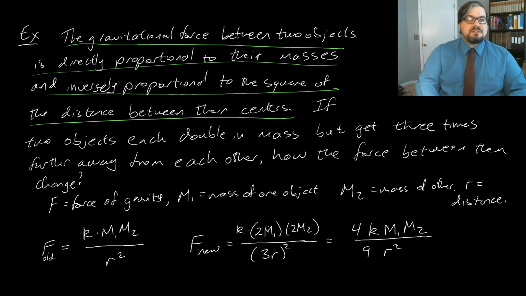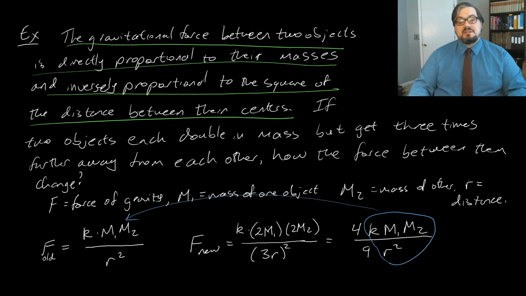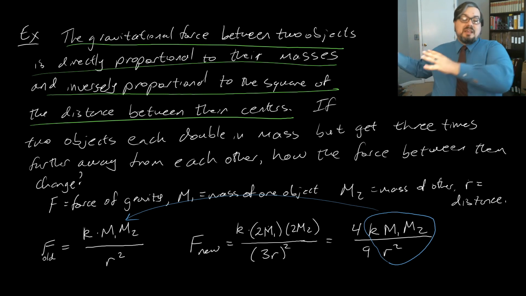Now what you'll notice is that this whole expression right here is exactly what we started with to begin with. And this is what's always going to happen. If you change the quantities in a proportion by multiplying them by numbers, then when you replace all the quantities with their multiples, you'll be able to factor all those multiples out and get an expression that shows you what the quantity was beforehand.